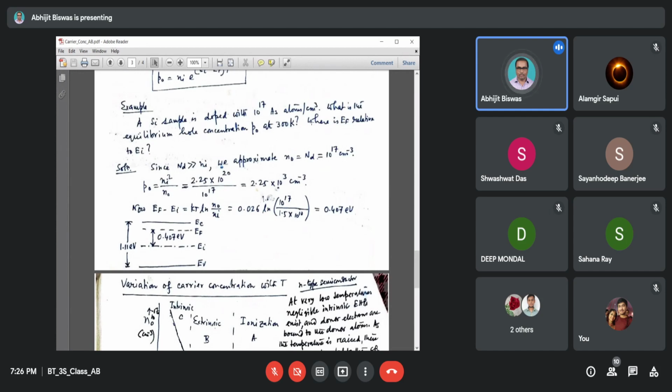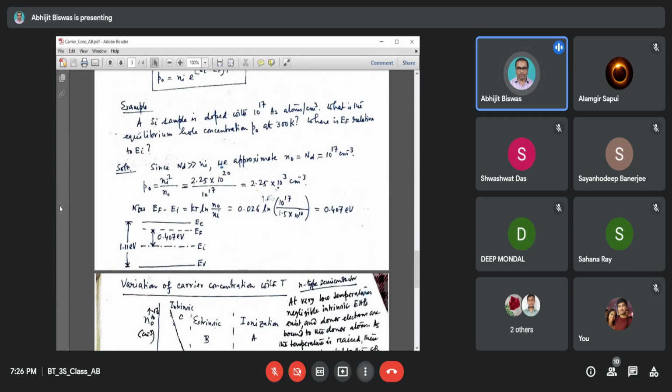Since the impurities are donors, ND is much greater than Ni, and we can write that the equilibrium electron concentration is equal to Nd, the donor concentration. We assume that all donors are ionized at room temperature, and it is justified, and that is equal to 10 to the power 17 per cc.